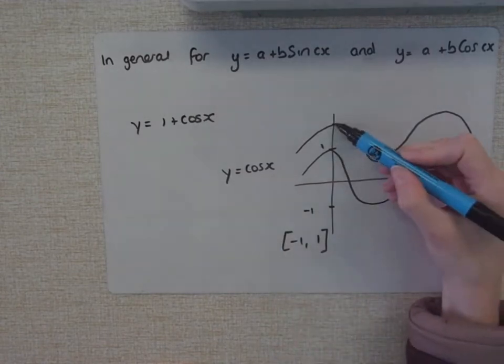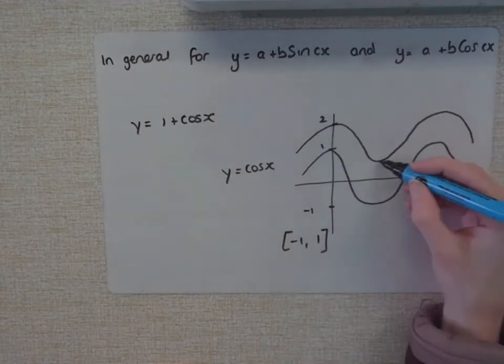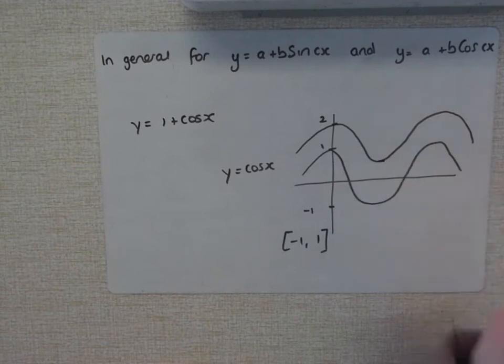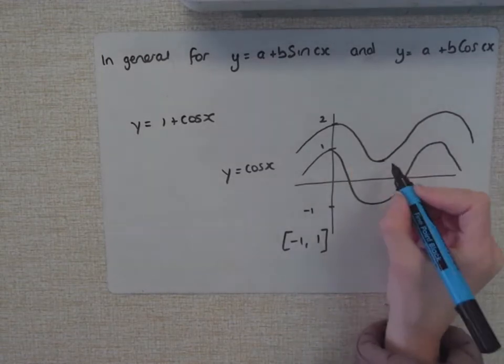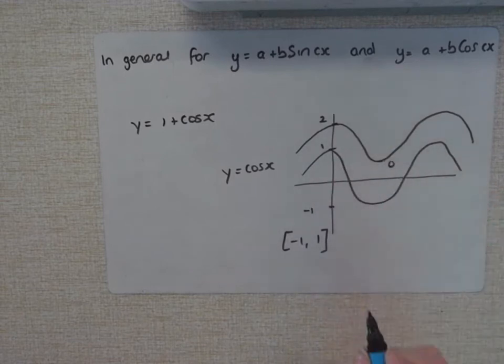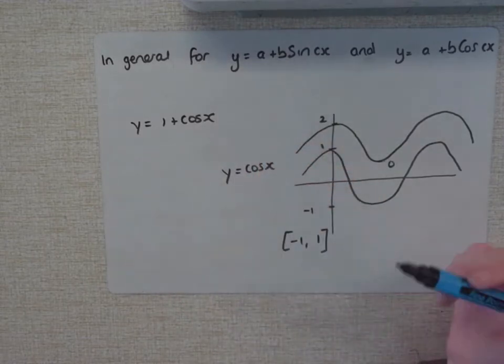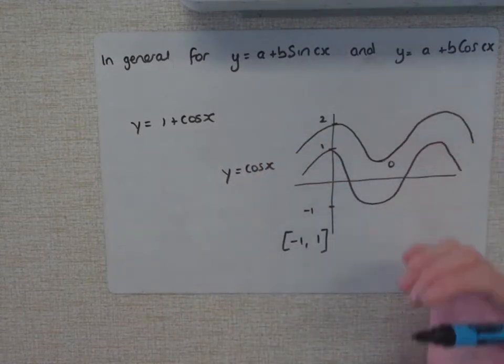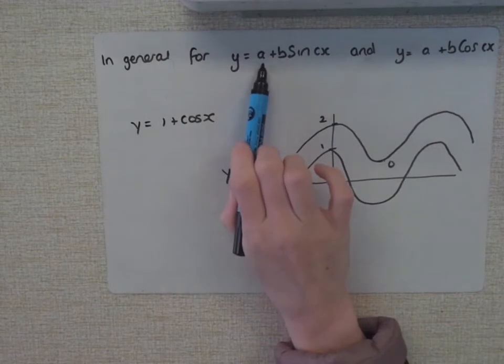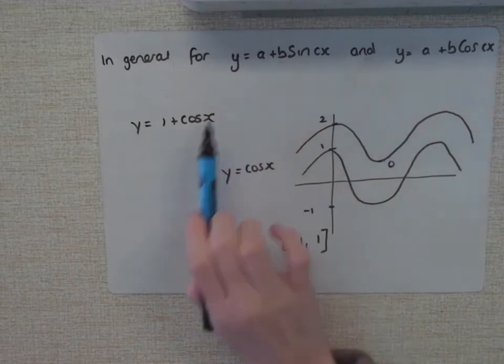If I've moved up 1, it increases by 1, doesn't it? It affects the range by whatever you've added or subtracted. So my range there from this one would be up to 2 and down to 0. So it affects the range by either adding a or taking a, depending on whatever a is. That was when I was adding one.